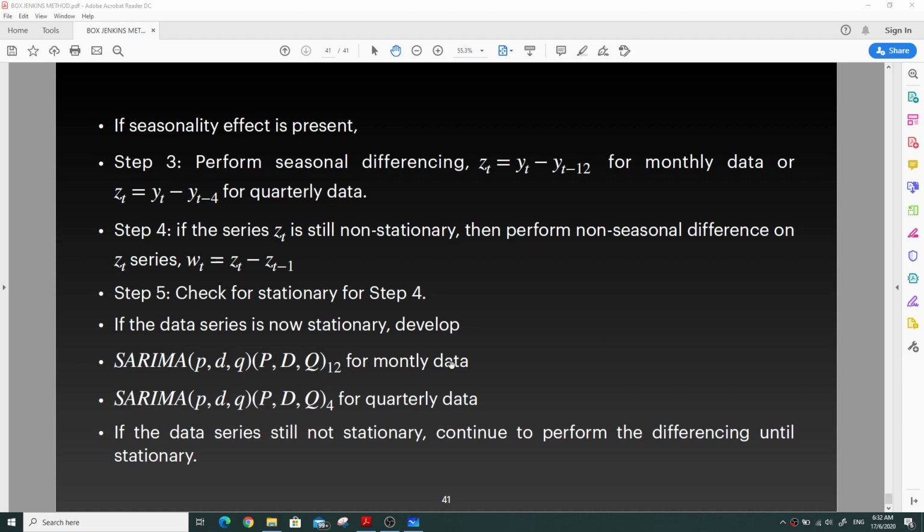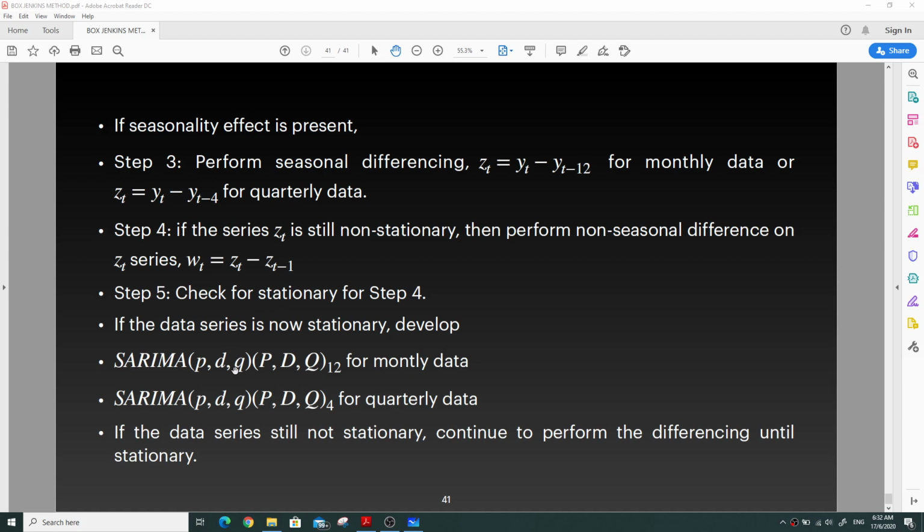Suppose that the seasonality effect is present, so we have to perform the seasonal differencing first. If after we perform the seasonal differencing and have eliminated the seasonal effect, the series is still not stationary, we perform non-seasonal differencing. So in case the seasonal effect is present, the most suitable Box-Jenkins model to perform is the SARIMA model.